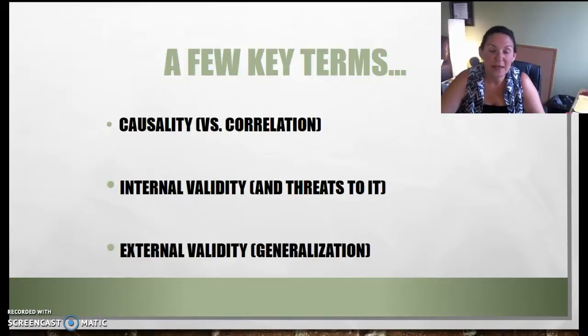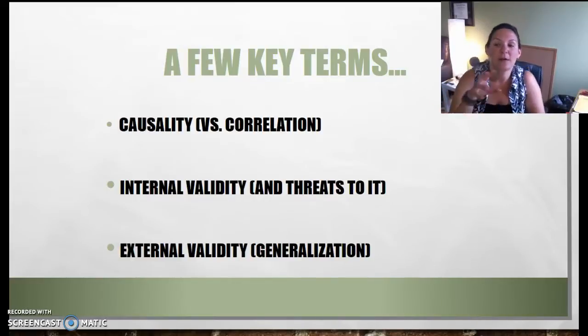Then the other two key concepts that I'm not going to cover in this mini lecture that I want you to pay attention to, one is internal validity. We've talked about validity and reliability before, and now we're introducing two additional types of validity, and important to understand how they're different than what we've talked about before.